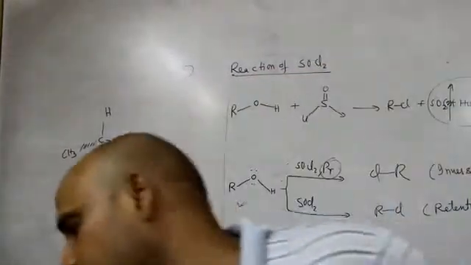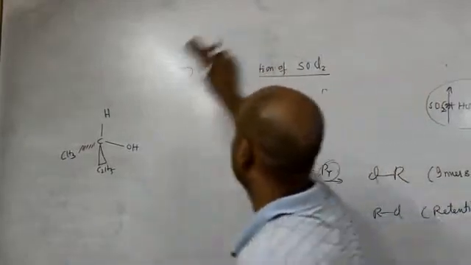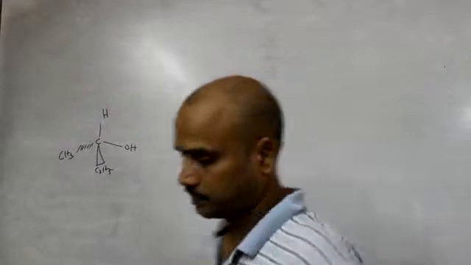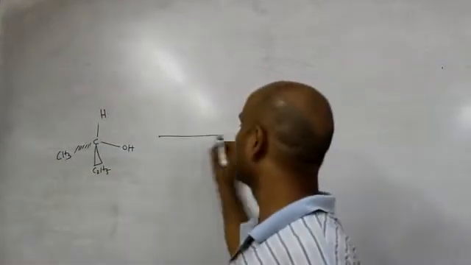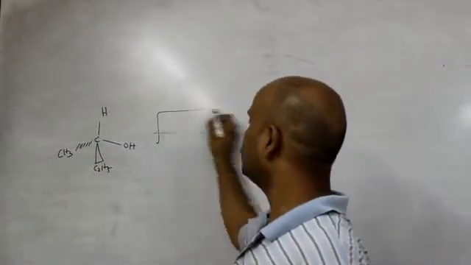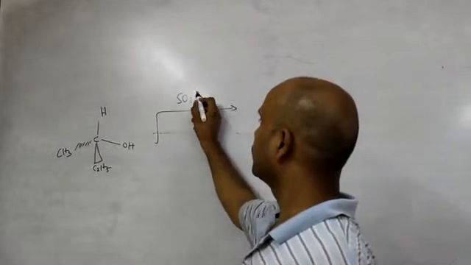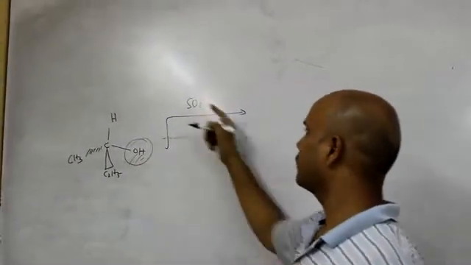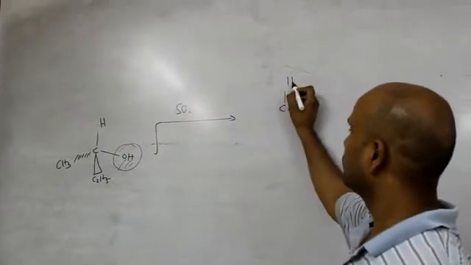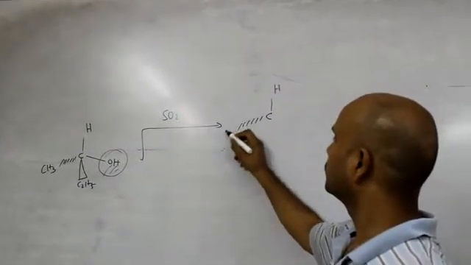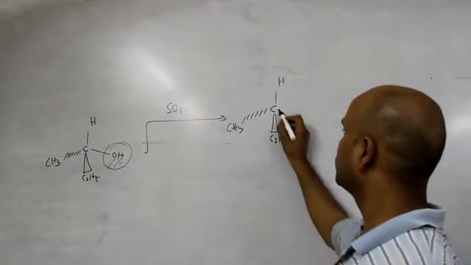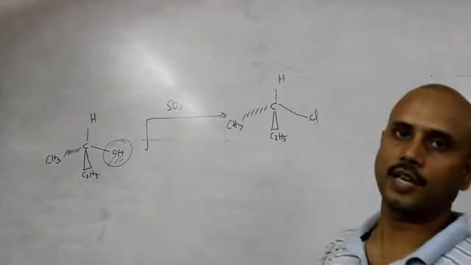When SOCl2 reacts with this without pyridine, then just in place of OH we can place Cl.